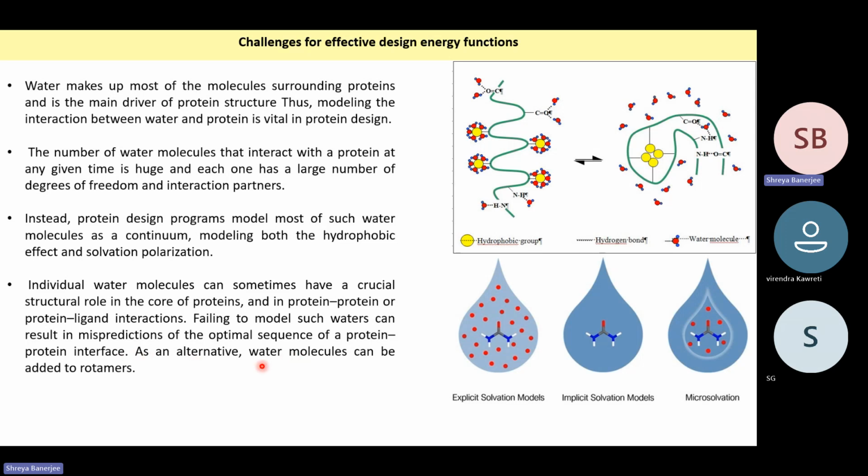So what is done to increase the accuracy is called microsolvation, where the few water molecules which are very important in the three-dimensional structure of the protein are modeled separately near the polar groups of the protein, and the rest of the water molecules is considered as a continuum. So basically something between the explicit and implicit solvation models is used, and it's called microsolvation.